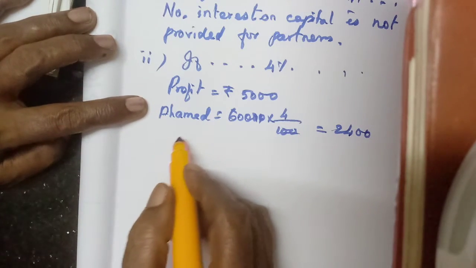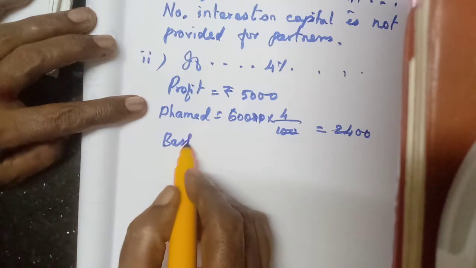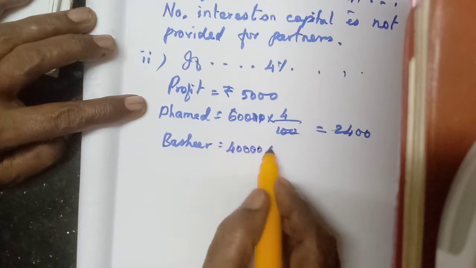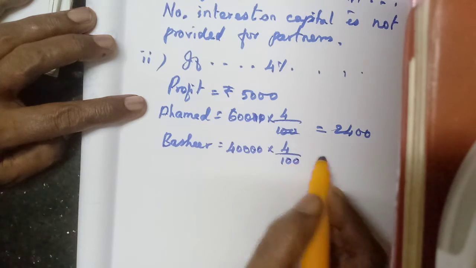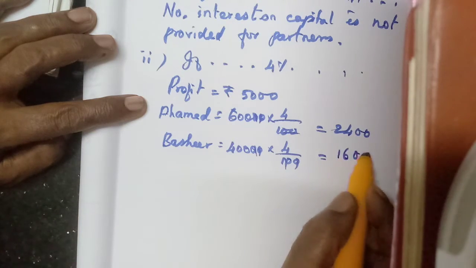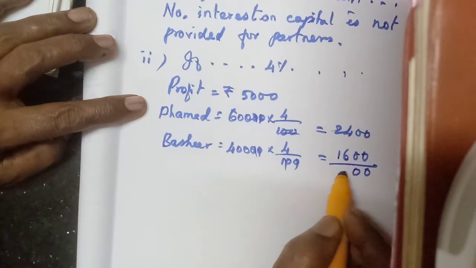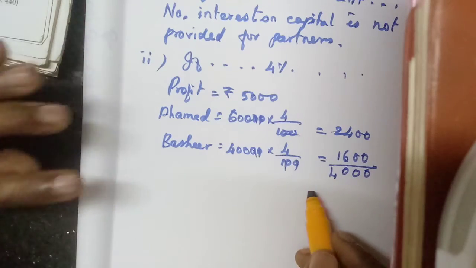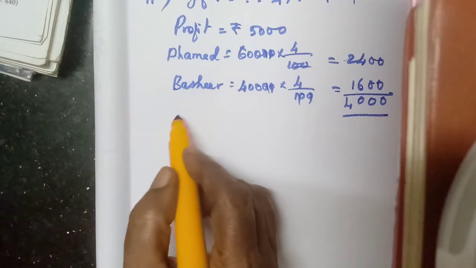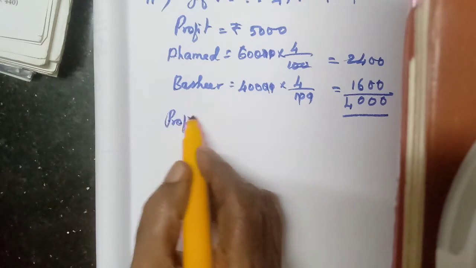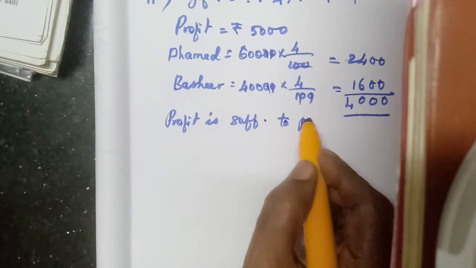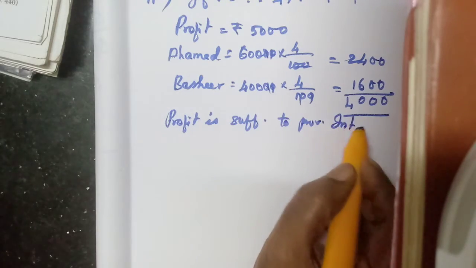Okay, then Bashir. 40,000 into 4 by 100. 4 4s are 16. We have got 4,000. So sufficient profit is there. Okay, profit is sufficient to provide interest on capital.